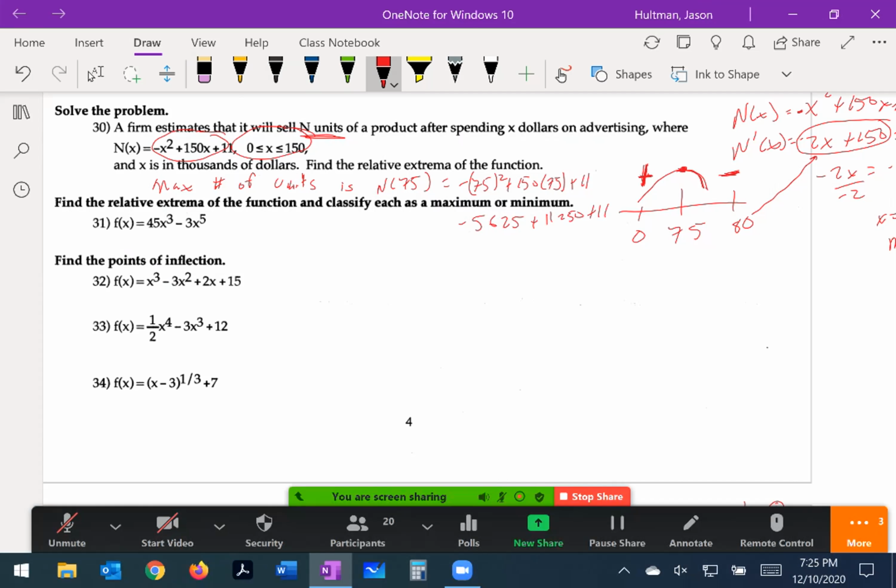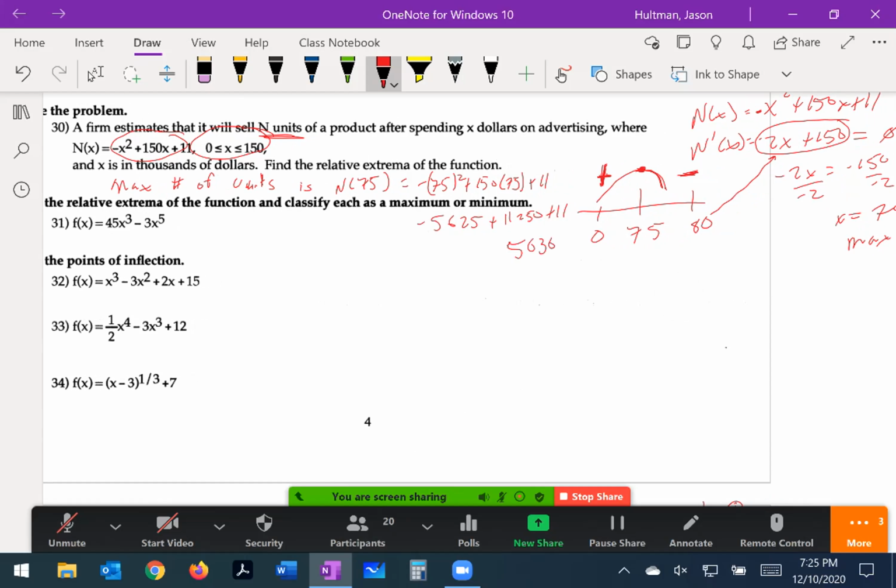Yeah, 5625 is half, and then 5625 plus 11 is 5636. Okay, so the max number of units is when we're spending $75 on advertising and we're getting 5,636 units. That's my maximum.